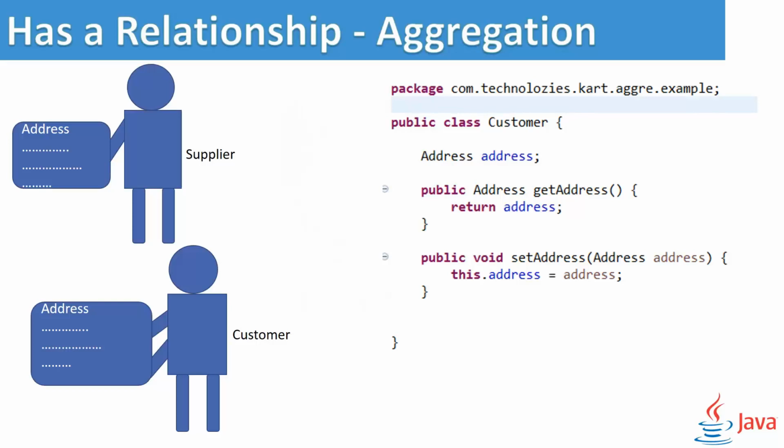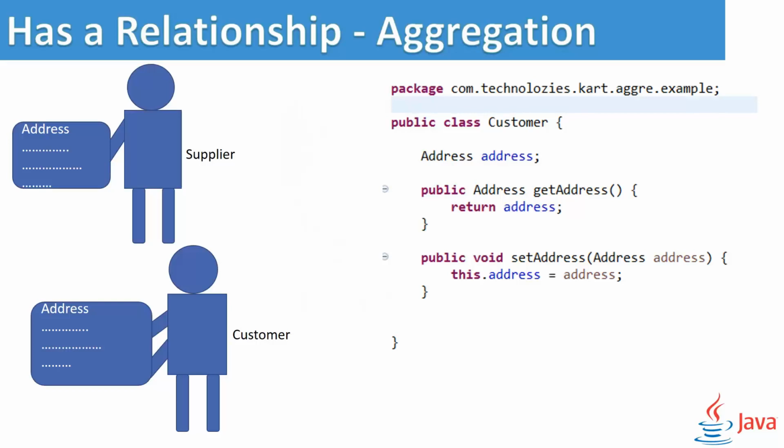In spite of that, address can be used with other classes like company, home, customer, or supplier, etc. That means employee and address classes are not strongly dependent on each other. So it is an example of aggregation.